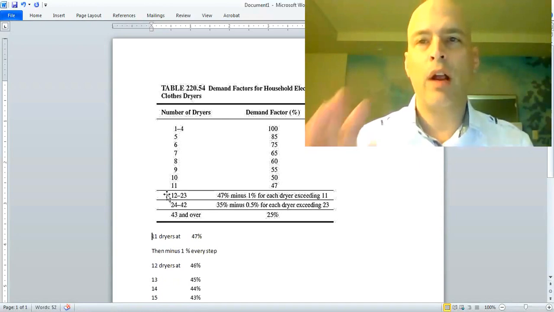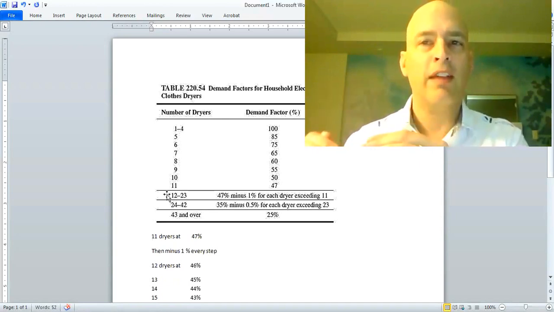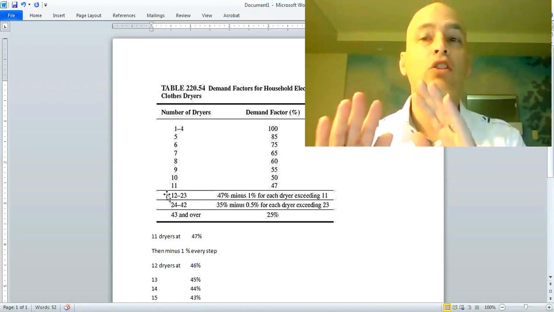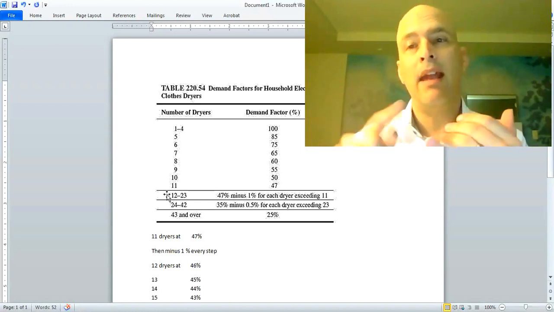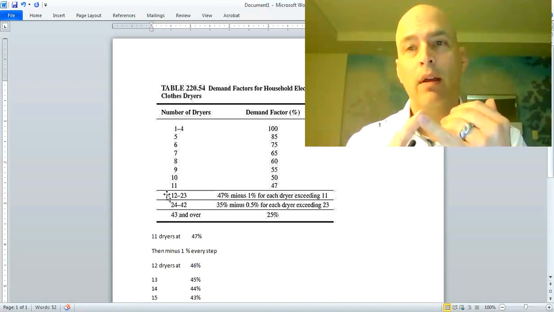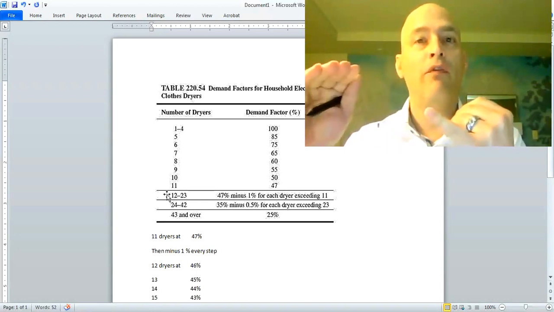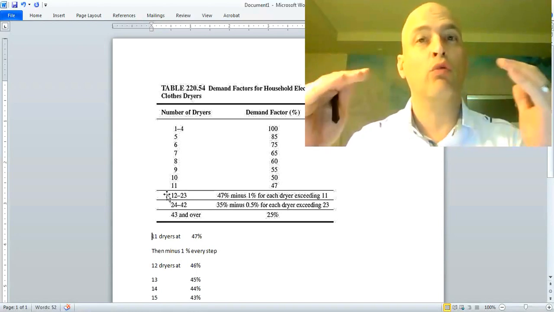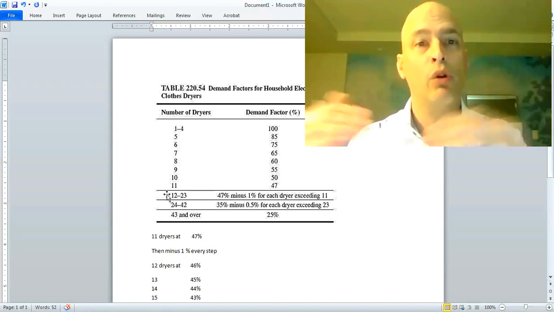All right, 11 dryers is 47% demand factor, following along with the table. And then at 12 dryers, what happens is that every dryer past 11, I'm going to lose 1% of that demand factor from the 47%, which is what the row stops at on row 11 there.